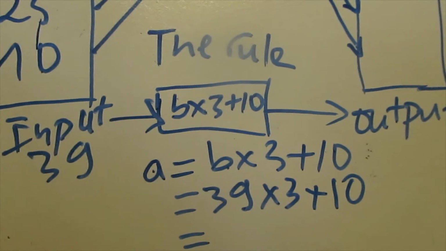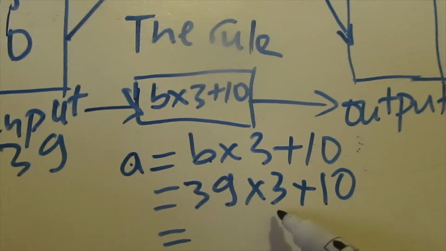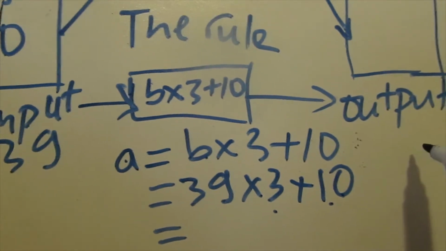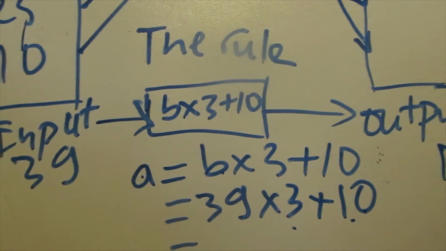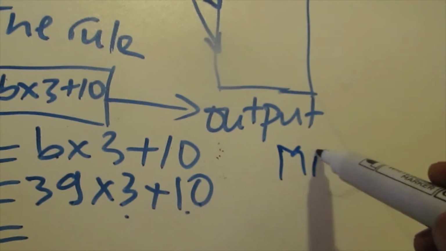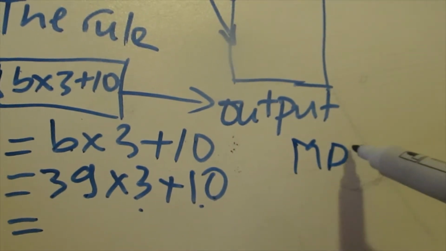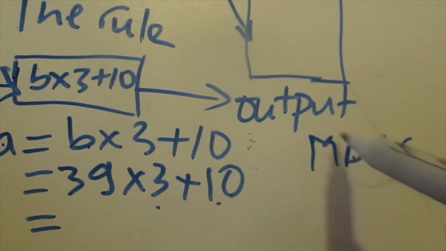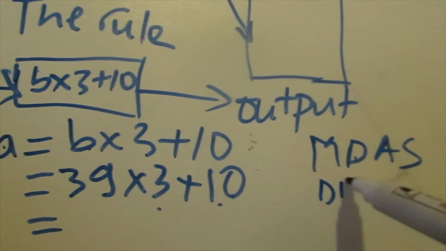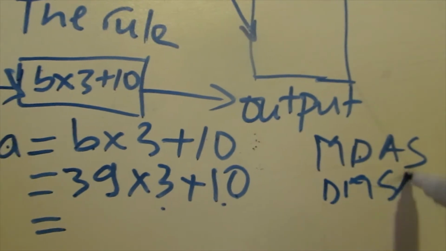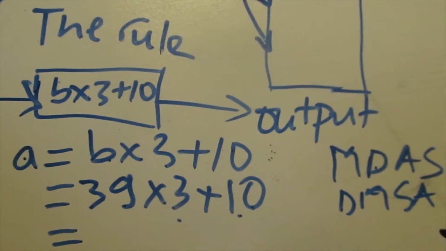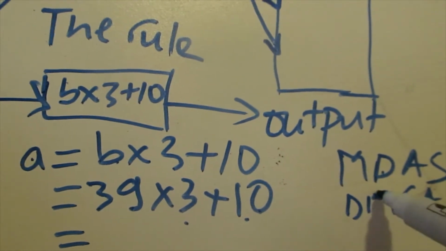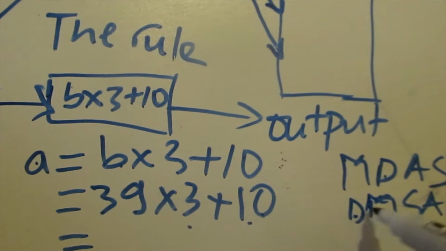Then we do the calculation, because the multiplication comes first before the addition or subtraction, and the rule is multiplication, division, addition, and subtraction. Or you can even swap it around. You can say division, multiplication, subtraction, and addition. It doesn't matter, but the addition and subtraction cannot be done before the multiplication and the division.